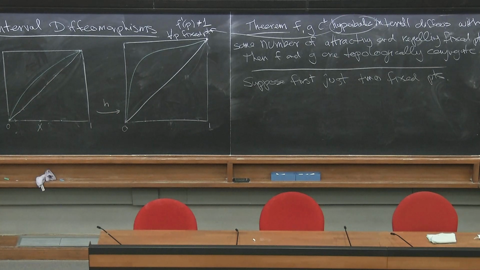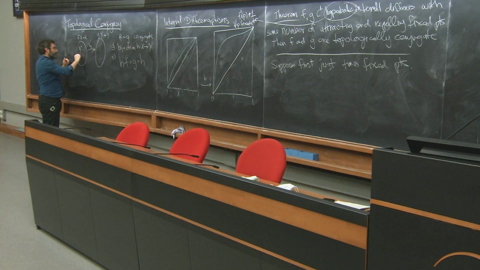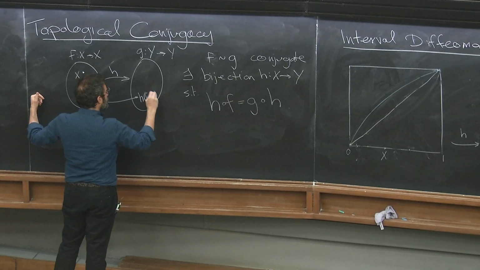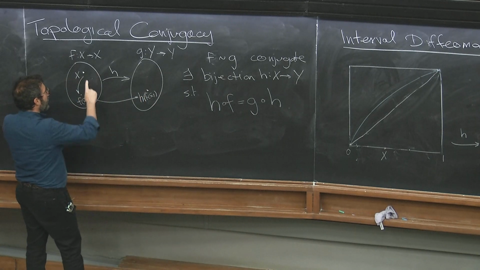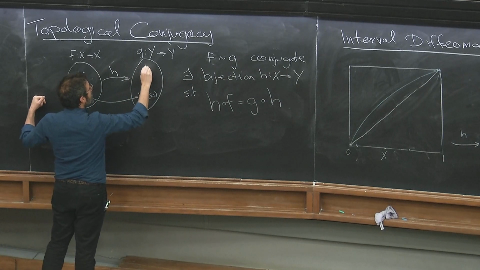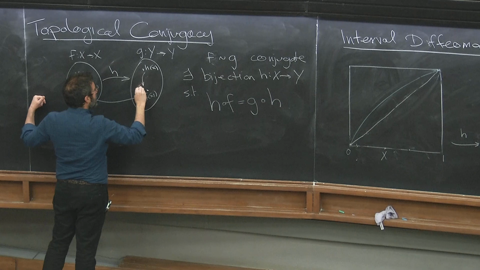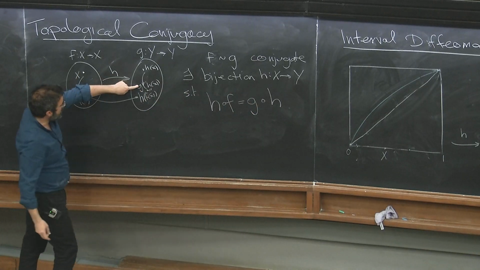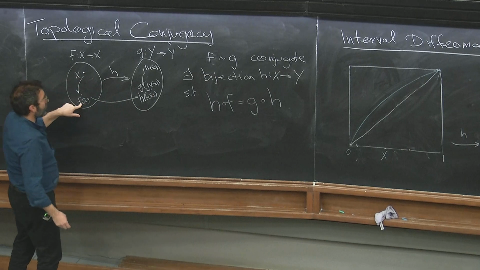Remember what we're trying to do, in schematic form: you take a point x, apply f to get f of x, and then apply h to f of x. You want to end up at the same point that you get when you apply h to x and then apply g to h of x. These are the same point. That's what this means: g of h of x is the same as h of f of x, right?